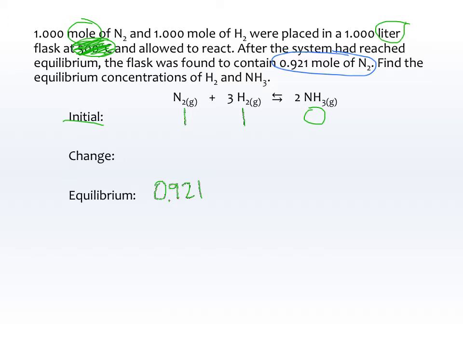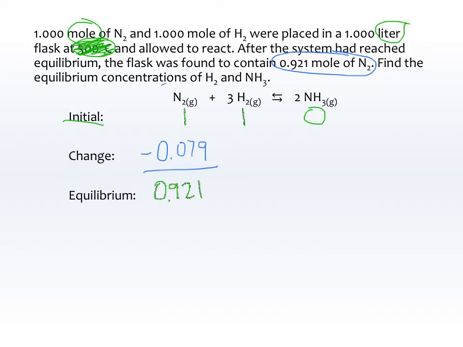So here's when we're going to get a new color. So notice that nitrogen started at 1 and it lost some amount to get to 0.921. So in your calculator, if you have 1 minus 0.921, you end up with 0.079. So over the course of the reaction, nitrogen lost 0.079 moles per liter.